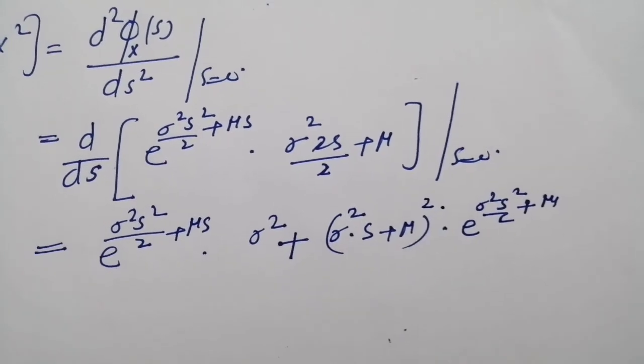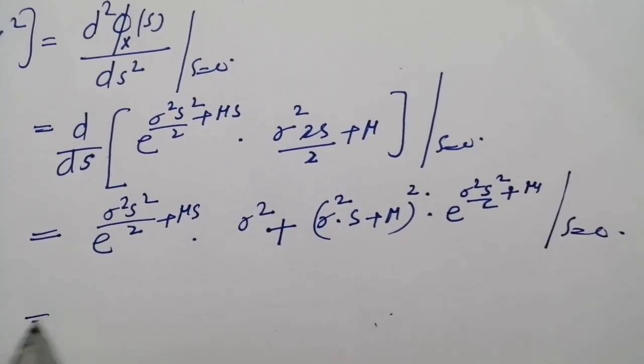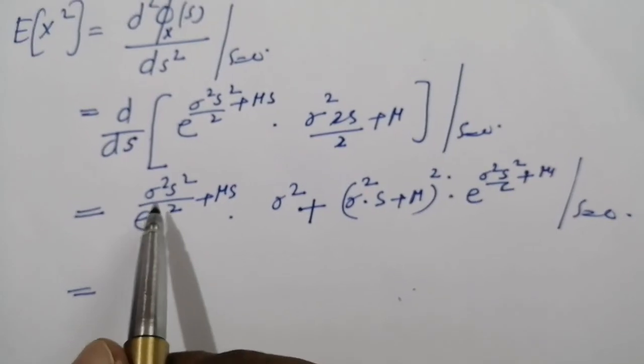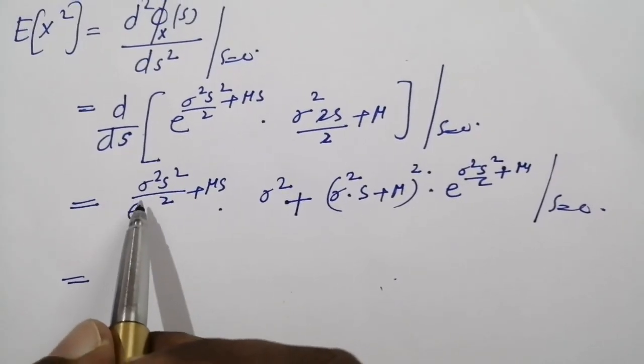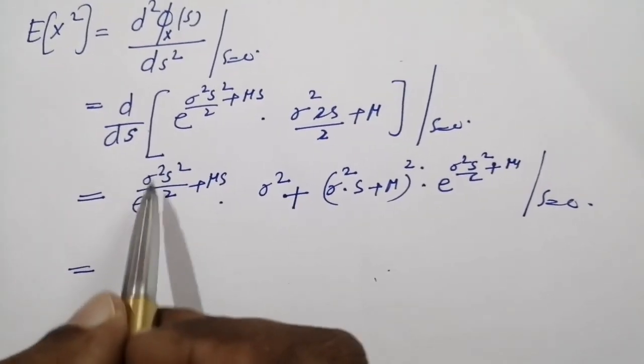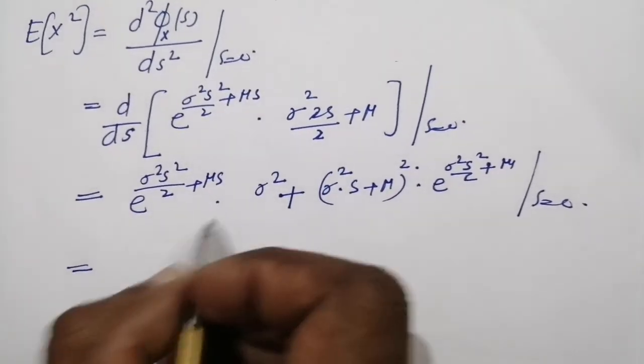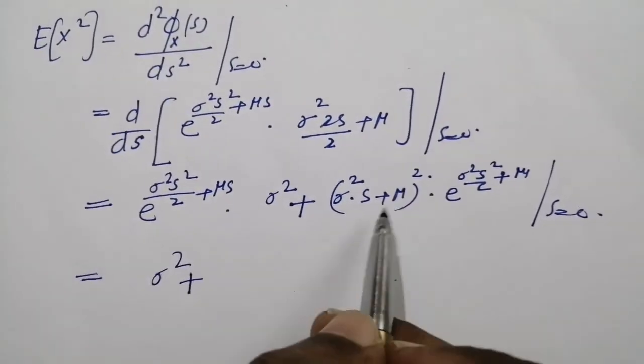So this is squared, and put s equal to 0. So e raised to 0 is 1, and this will be equal to sigma square plus mu square.